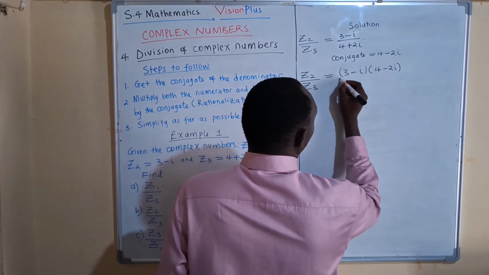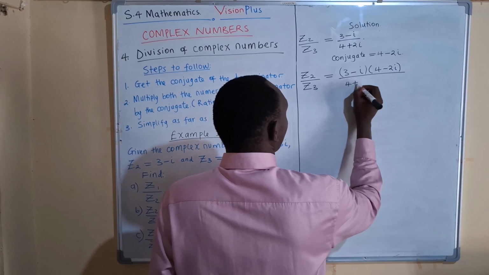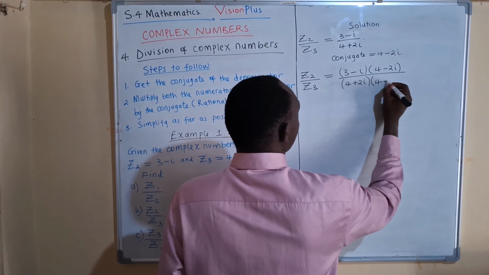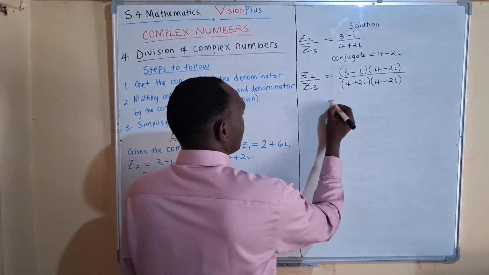And then also the denominator, which is 4 plus 2i, we are multiplying it by its conjugate, which is 4 minus 2i.